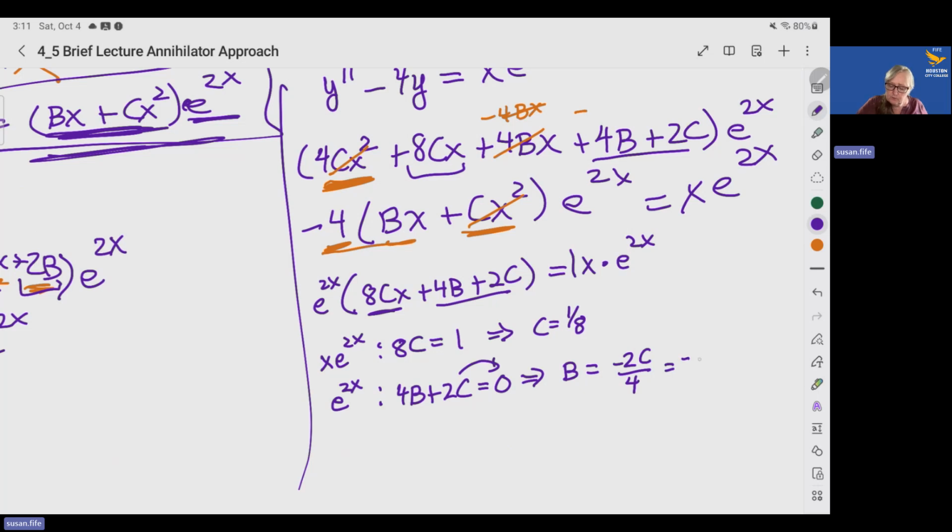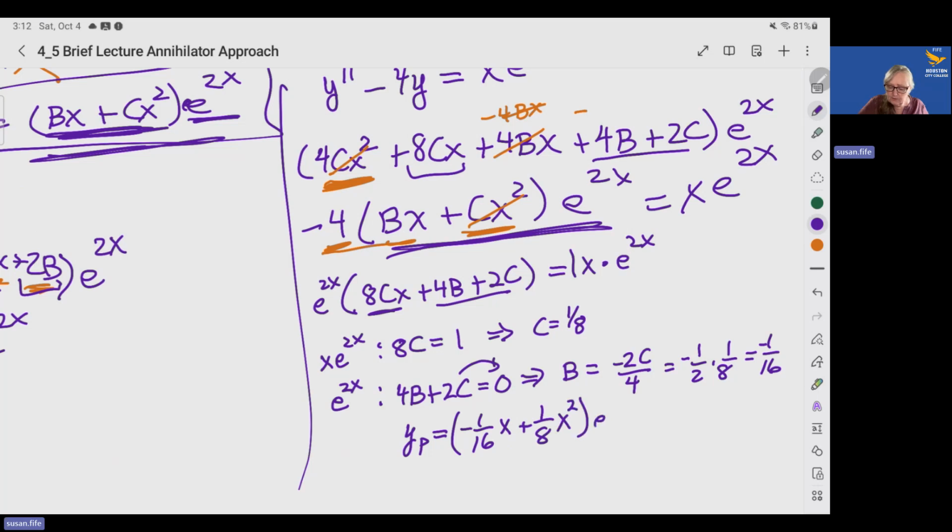So I can reduce 2/4 to 1/2 times 1/8 gives me negative 1/16. So b is negative 1/16, and my particular solution then is, let's see, b is negative 1/16, and that's right here. x plus c is 1/8 x squared e to the 2x.